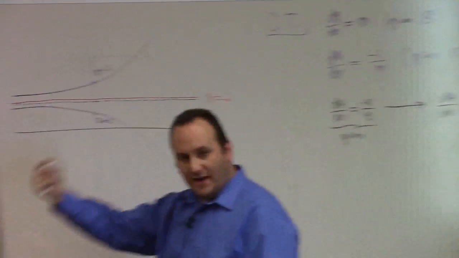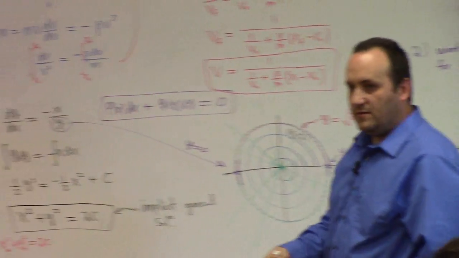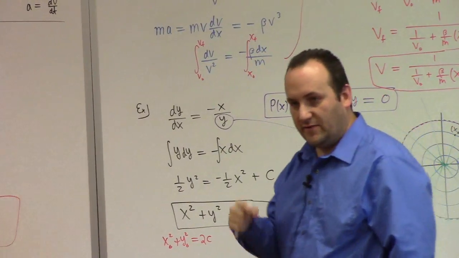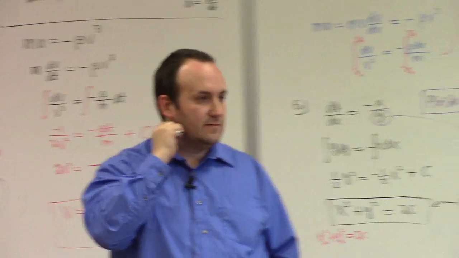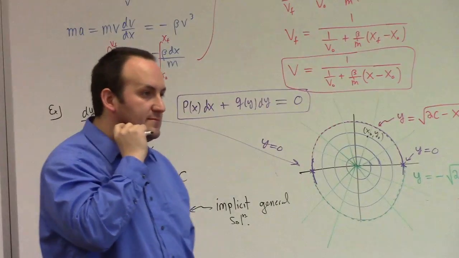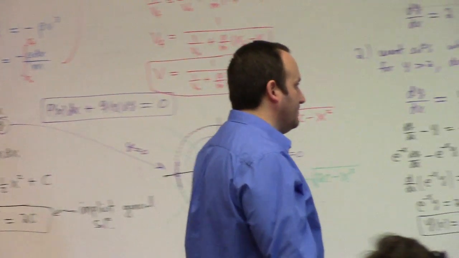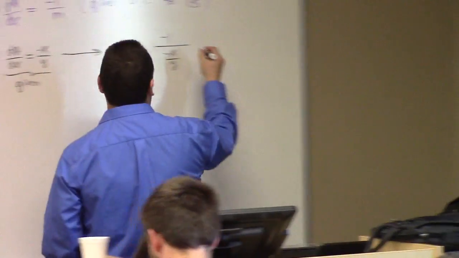Because solutions to that differential equation will have minus the reciprocal of the slope of the original differential equation. It's really such a simple idea. And of course you can simplify this.